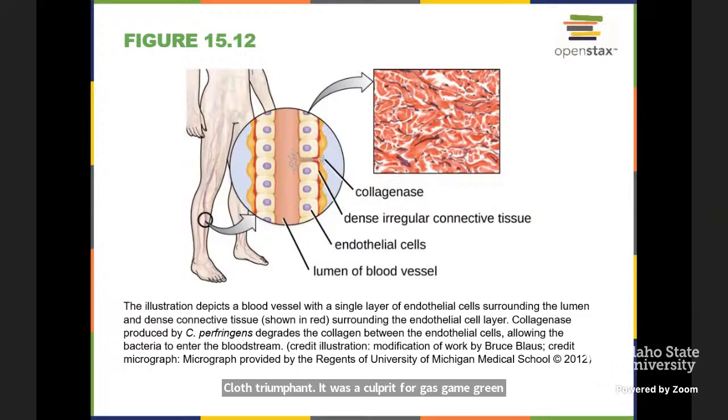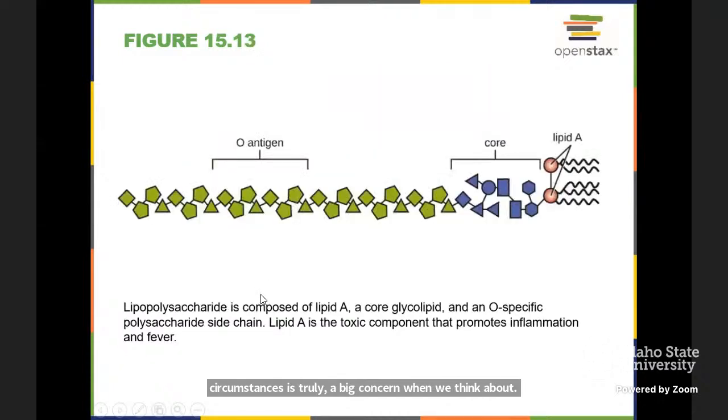And with that, this collagenase lends to the ability for that organism to get in and penetrate deeper to start causing tissue destruction, and the potential for loss of limbs in those circumstances is truly a big concern when we think about those situations. Like I said, we'll see some images of that a little later down the road.